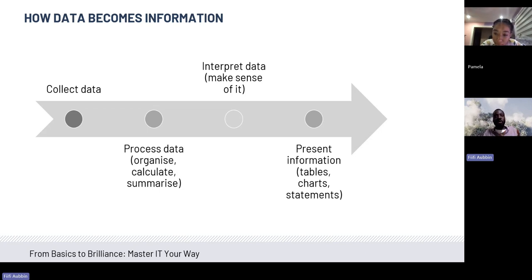Now you need to sit down and organize. How many people are in line with this particular idea? We have 50 people saying yes, maybe 20 people saying no, 30 people saying they are indifferent. Now you are processing, organizing, trying to find meaning behind the data that you've collected.